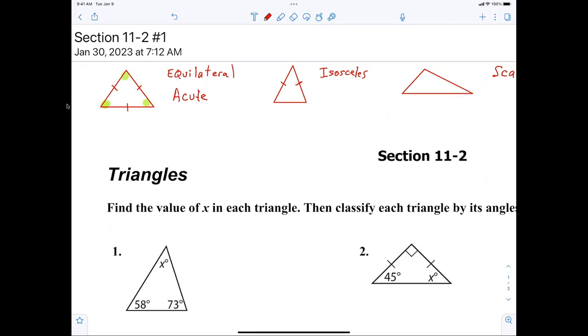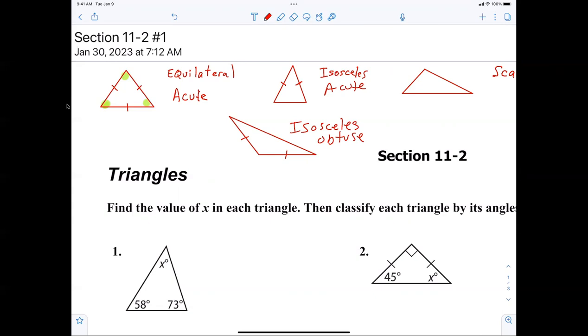Let me see if I can make a quick little demonstration here. That is a what? Isosceles obtuse. This one up here is isosceles what? Acute. This down here would be considered isosceles obtuse. And obtuse meaning what? Greater than 90. Good job. Acute means what? Less than 90. Okay, we're on the same page.